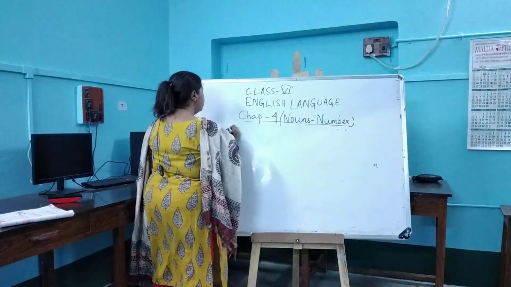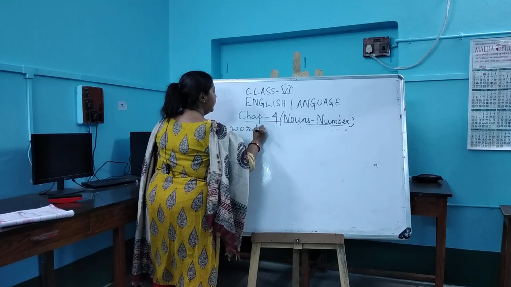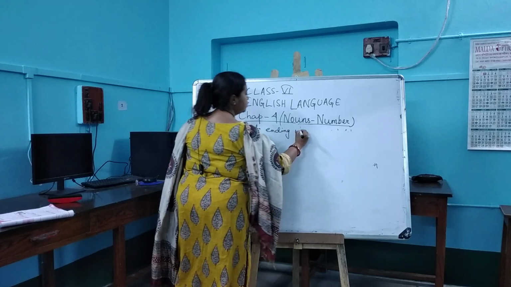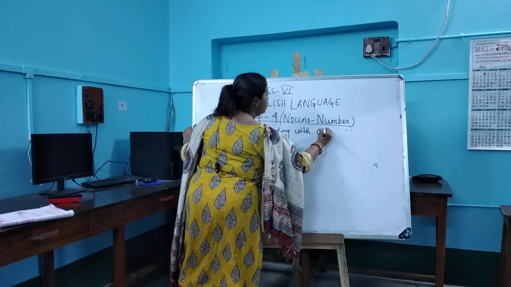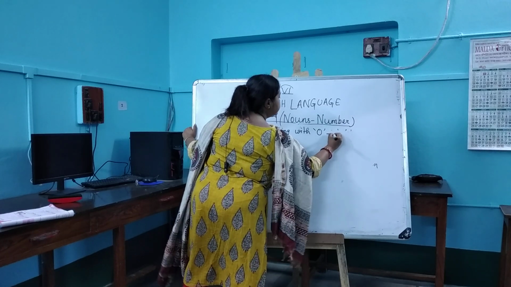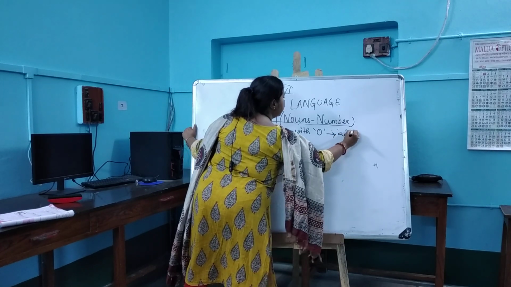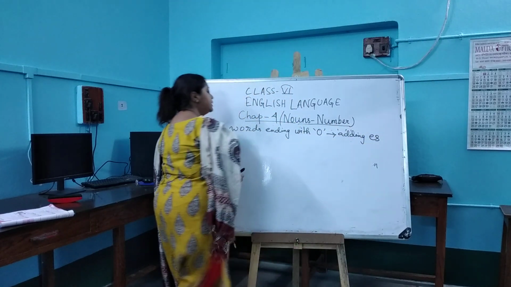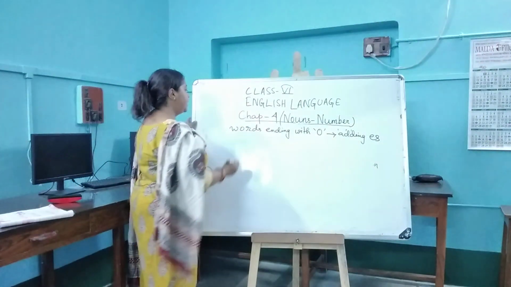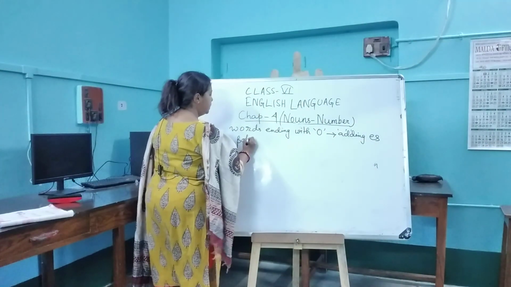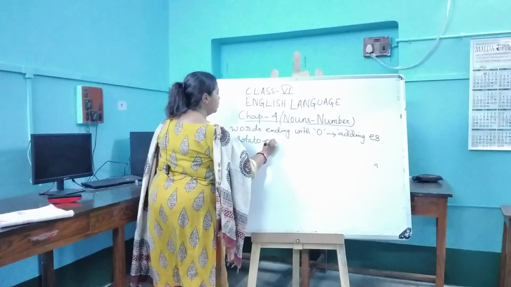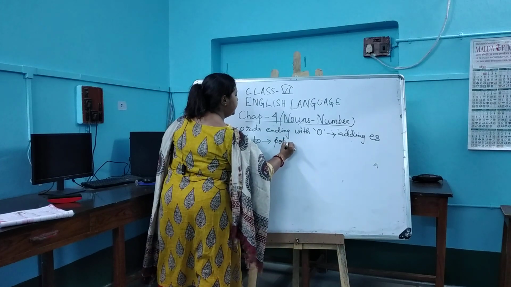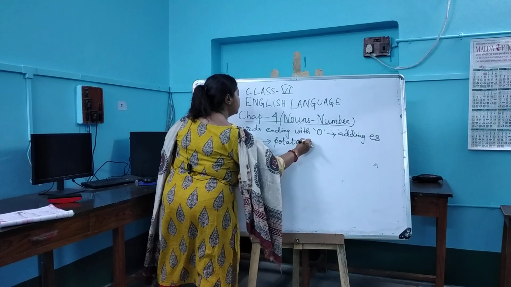Words ending with o, we change them by adding es, like potato, P-O-T-A-T-O. From singular to plural, it becomes potatoes, P-O-T-A-T-O-E-S.